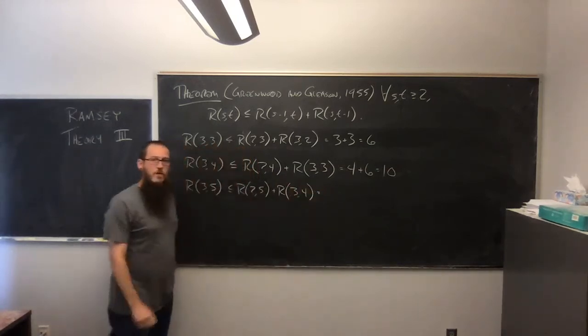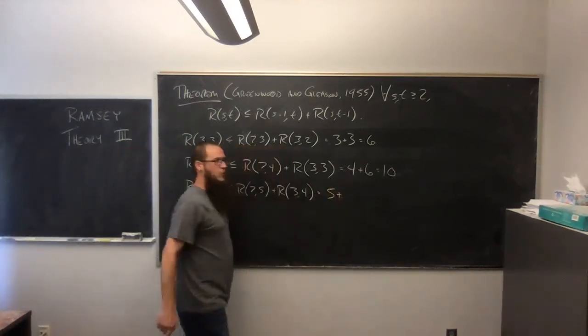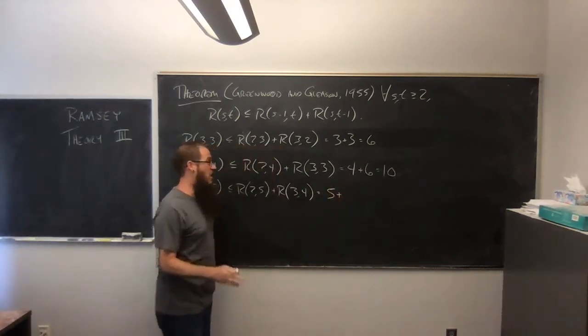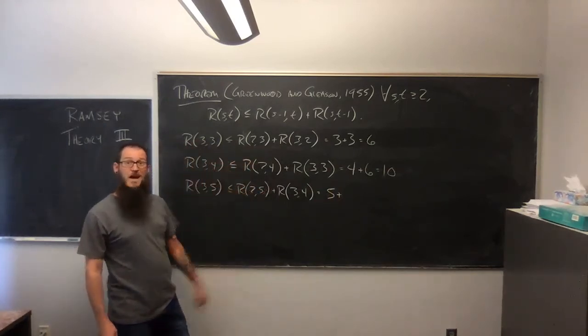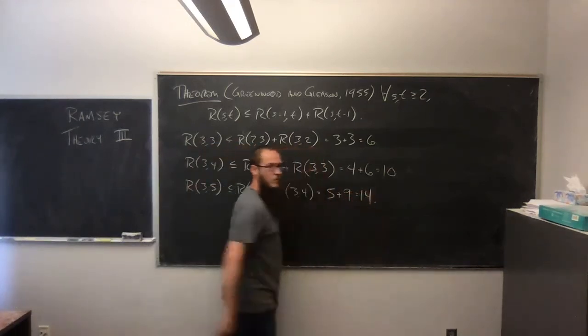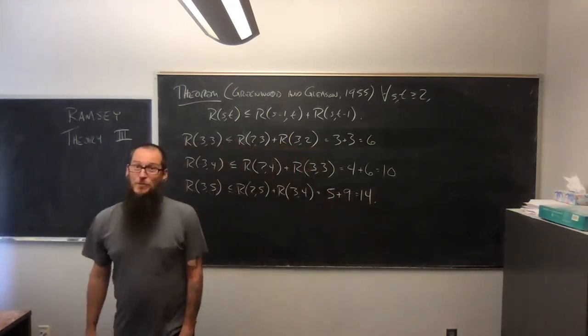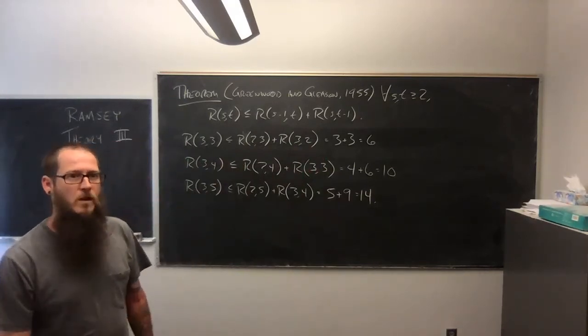Well, R of 2, 5 is going to be 5. R of 3, 4, we know that that's actually 9. Now, if we were just using this bound, we would plug in 10. We've already proved that that's actually 9. There we go. We get 14 for this one. So that is the proof of our upper bound that I had mentioned trying to show in a previous video.